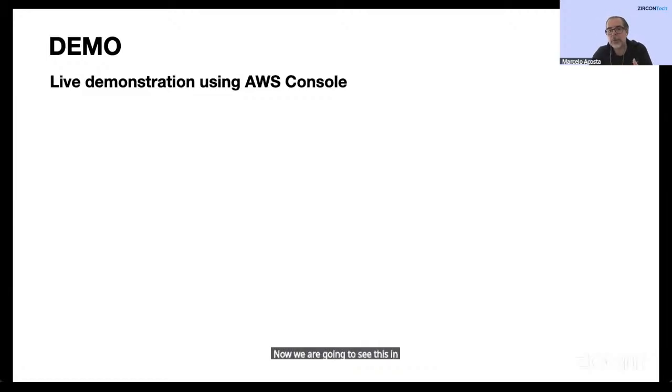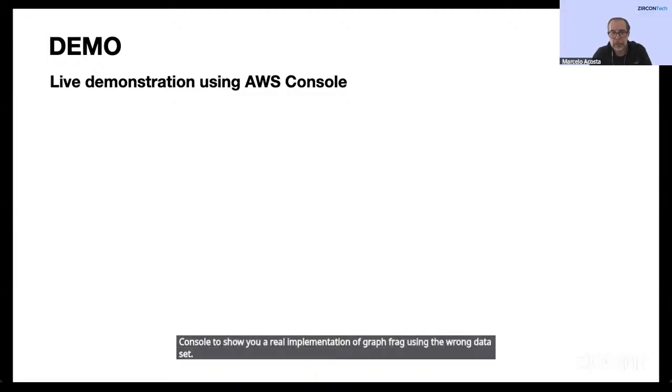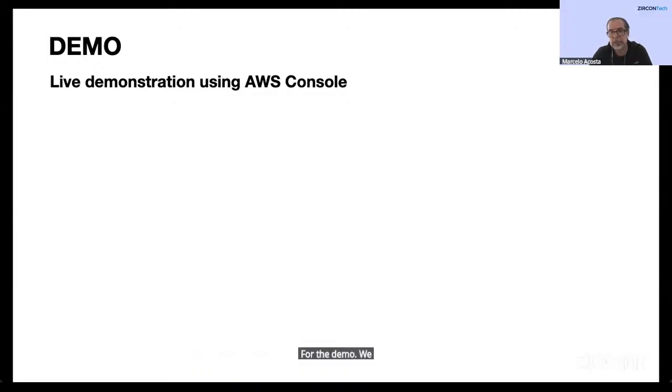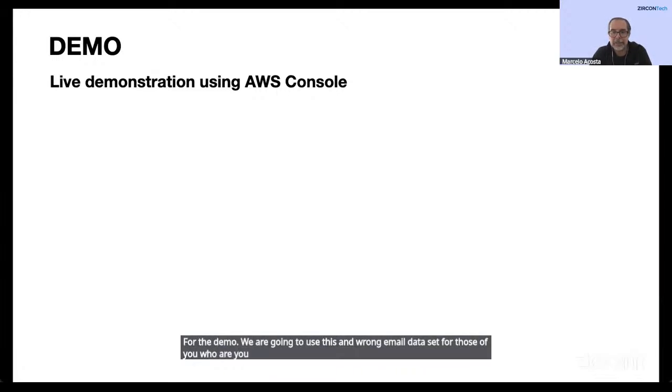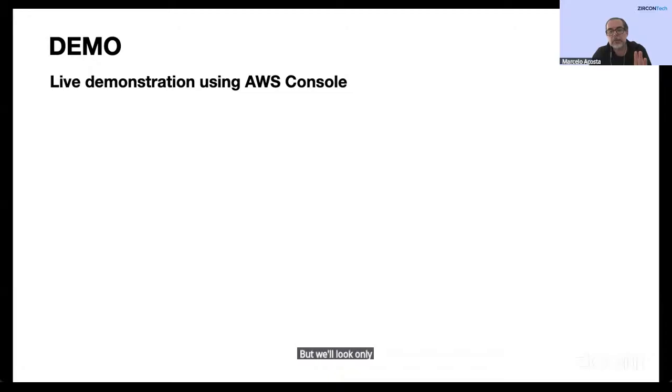I'm going to switch to the AWS console to show you a real implementation of GraphRAG using the Enron dataset. For the demo, we are going to use this Enron email dataset. For those of you who are young, this is a public collection with hundreds of thousands of emails, but we will look only at the ones sent by one person, which are about 600 messages.